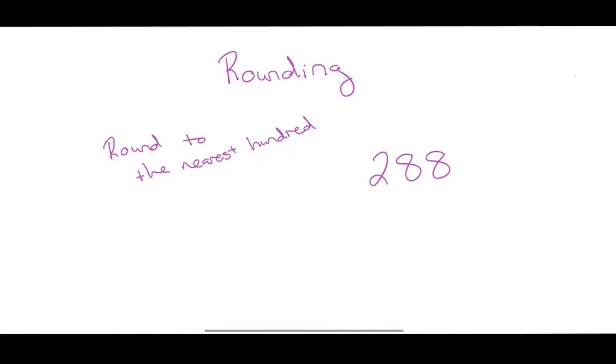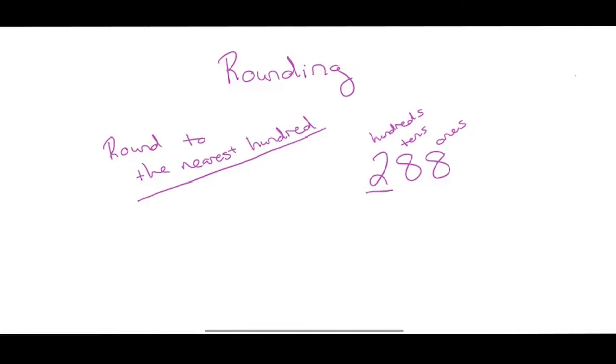All right. So let's say we're going to round to the nearest 100. Well, remember that 2 is in the hundreds place. This 8 here is in the tens place. And this other 8 is in the ones place. Well, we're going to round to the nearest 100.